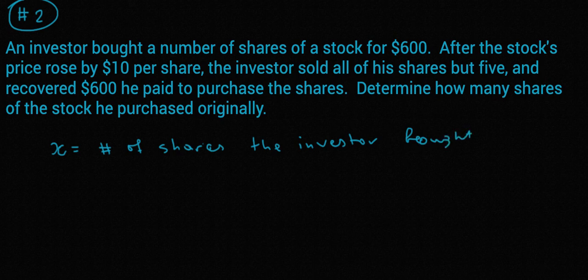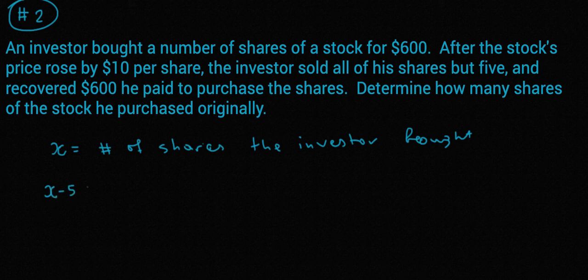And well, after the stock's price rose by $10 per share, we know that he sold all of his shares but 5. So the number of shares that he sold is going to be X minus 5.